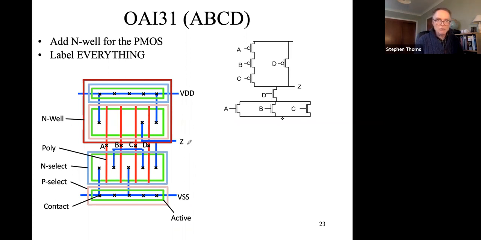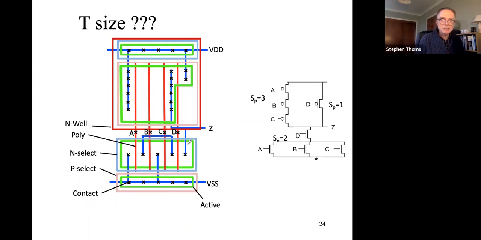One thing we haven't looked at is transistor sizing, but we can even put in a bit of sizing in our stick diagrams if you wanted to, because we could say, well, here's the circuit, stack depth here is 3, stack depth here is 2.